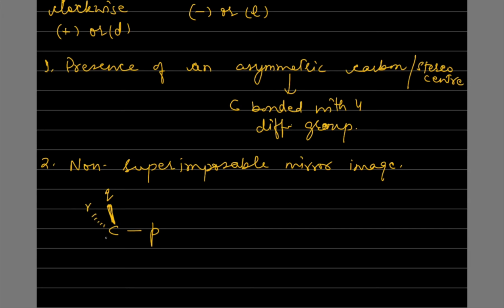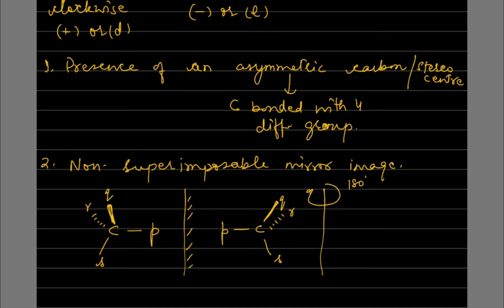then R and S. Now, its mirror image will be like this: C, P, Q, R, S. Now we rotate this entire thing by 180 degrees.